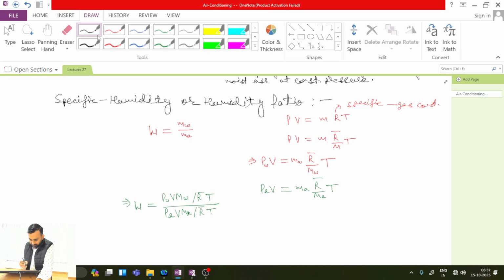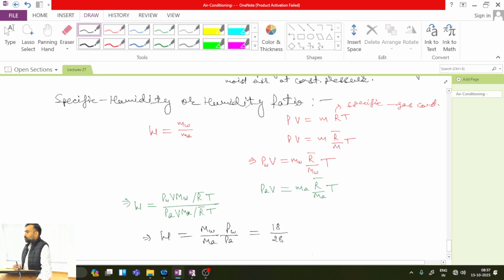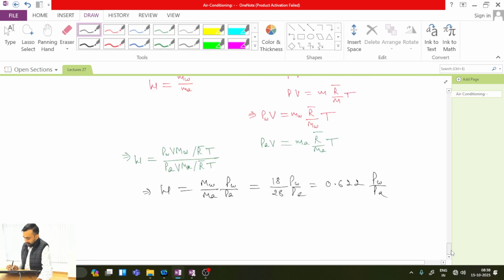So ultimately I will get mw by ma equals Mw by Ma into PW by PA. What is Mw? Molecular mass of water is close to 18. Molecular mass of air is close to 28. I will get 0.622 into PW by PA.